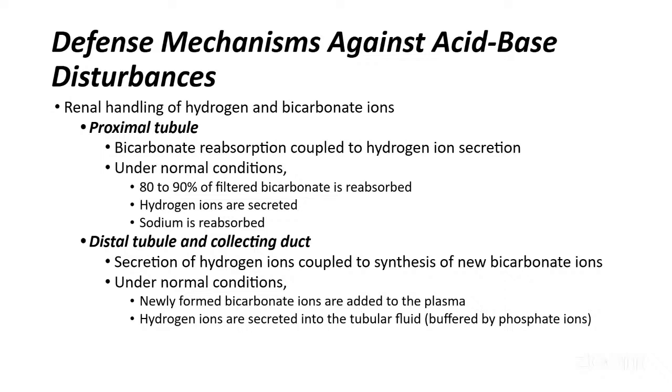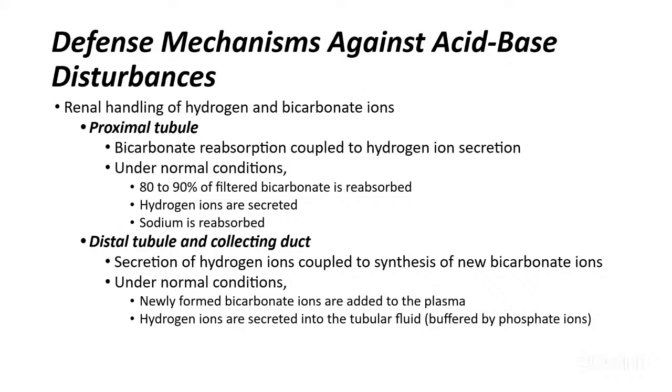We refer to that fluid that we've filtered out as the filtrate. But we don't want to pee out everything that we pulled out of the blood. So we're going to reabsorb many things, including bicarbonate, which is relevant to us today. When we say reabsorb, we mean we're going to take it from the filtrate and put it back into the bloodstream, back into the peritubular capillaries. There's blood flow running alongside the nephron.